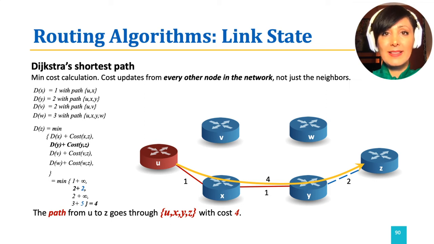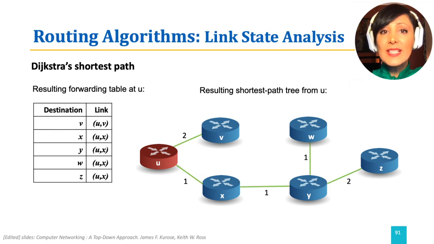The resulting forwarding table at node U will have the destinations in the network with the next hop, or the first link to take to reach that destination. This is exactly the same forwarding table resulted using distance vector with Bellman-Ford algorithm as we saw before for the same network.